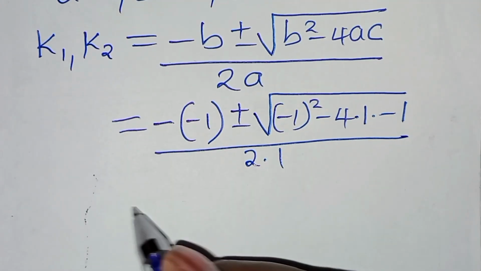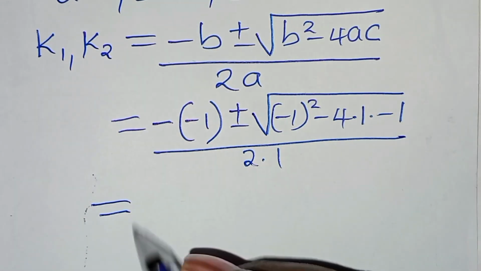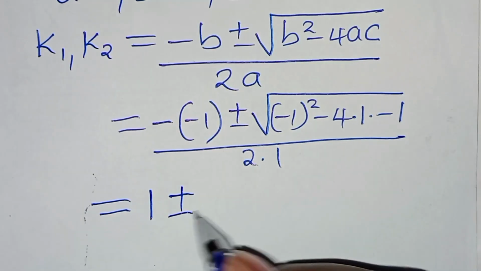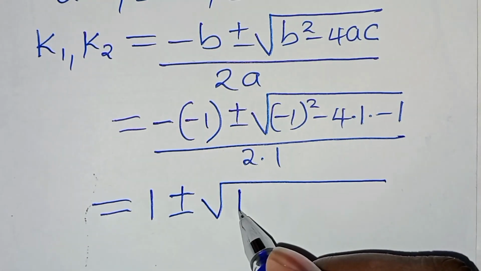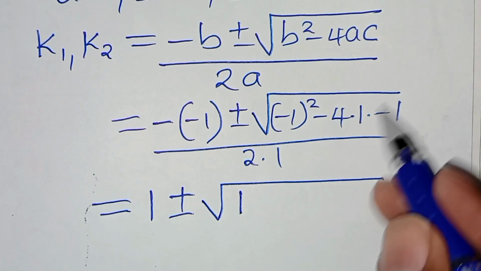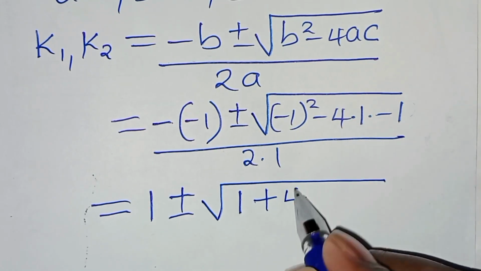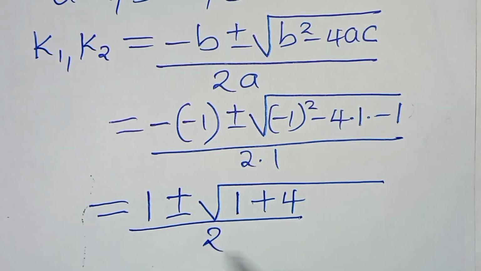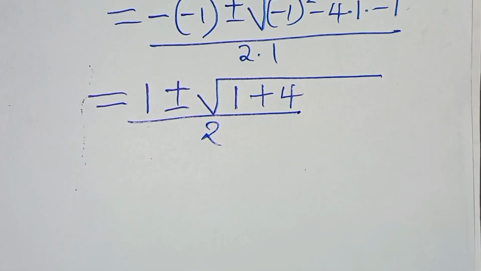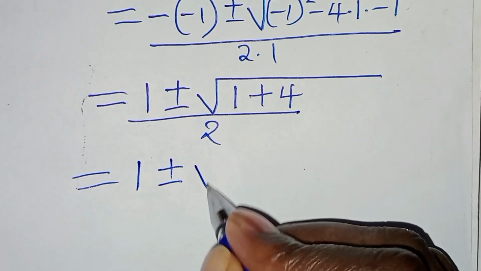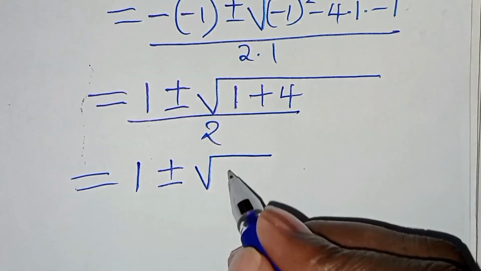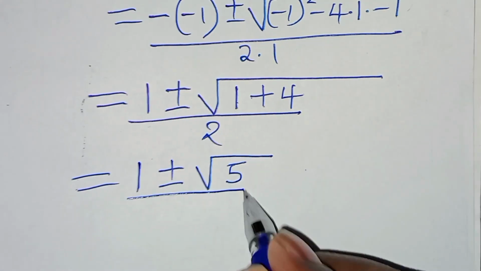So here we have minus times minus 1, this is 1, plus or minus the square root of minus 1 squared, which is 1, then minus 4 times minus 1, this is plus 4, over 2. So this is the same thing as 1 plus or minus the square root of 1 plus 4, which is 5, over 2.